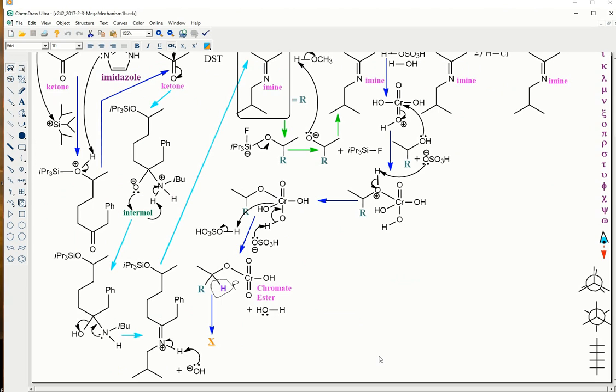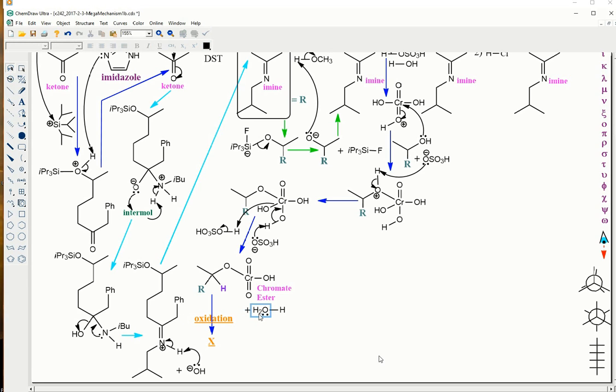And we have a chromate ester. This H I'm circling here has been there all along. It must be lost in the oxidation step to generate intermediate X, molecule X, which I have shown above. This is the oxidation step. We'll see X shortly.